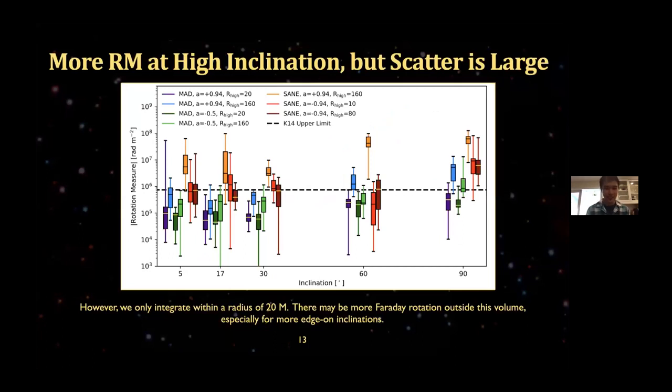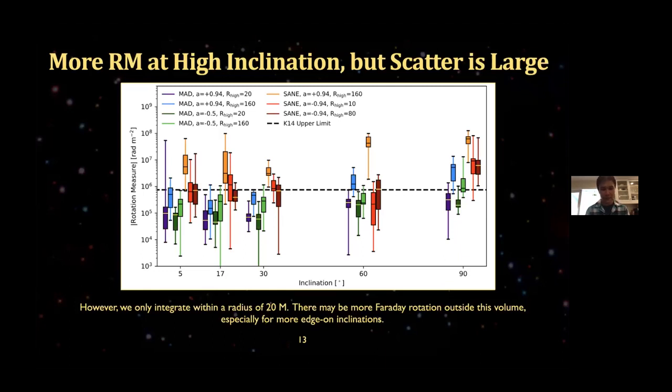Here's a more detailed look at this inclination dependence. And for most of these models, if you look really closely, you can see a trend that the RM gets higher as the inclination increases. But this y-axis is spanning a very large range of values because the scatter is so large. Again, there might be more Faraday rotation outside of this domain, which might be important for interpreting sources, as I'll get back to later.